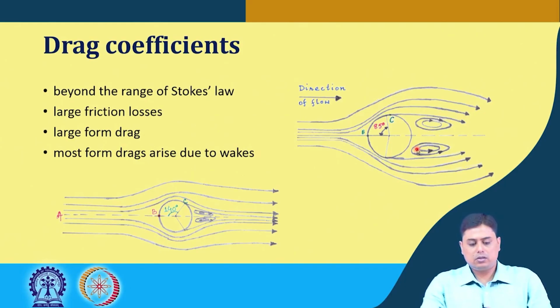So this would be the end of this lecture. Here we have understood the initial concept of drag, why it is important, how to calculate drag for well defined shapes, how the drag varies with irregular shapes, and how to measure or estimate the drag coefficients.